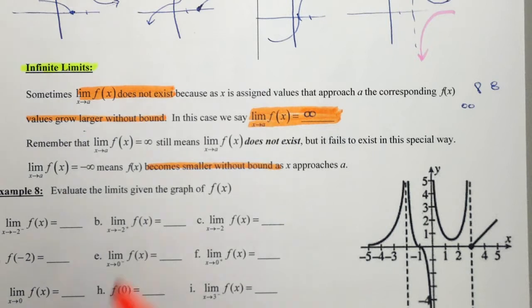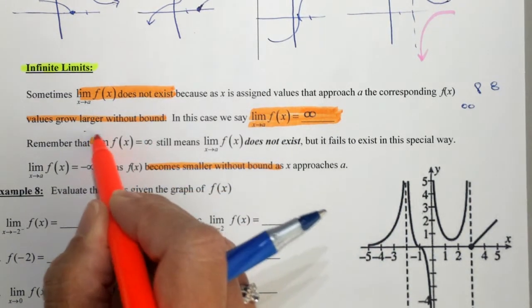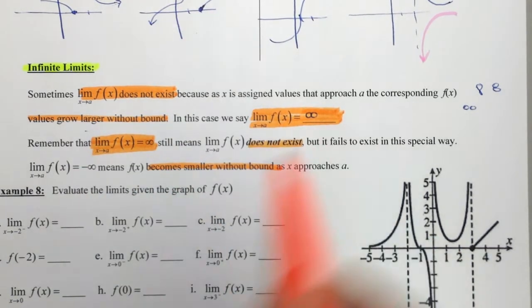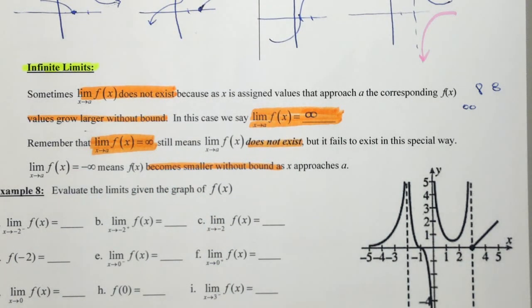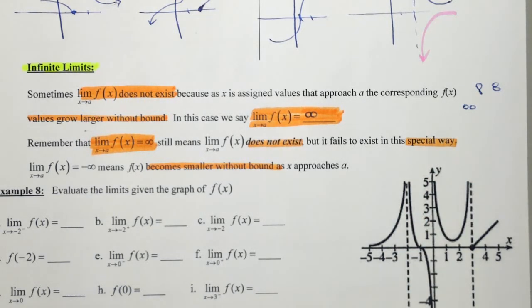So we want to remember also that the limit as x approaches a of f of x being equal to infinity still means that the limit doesn't exist. It just fails to exist in a very specific or special way. So if I say the limit as x approaches 2 is going to infinity, and this is an open-ended question, and George says it doesn't exist, we are both correct.